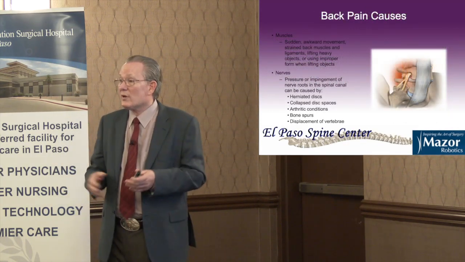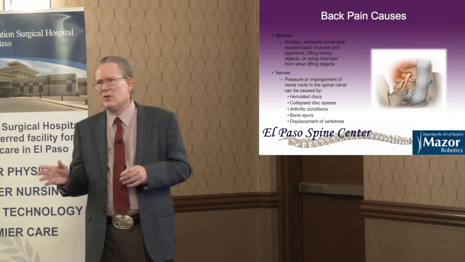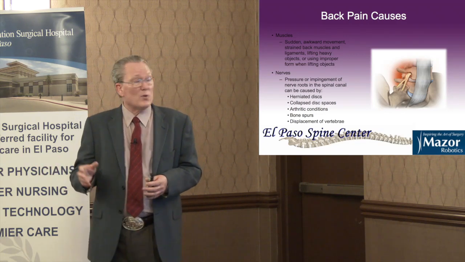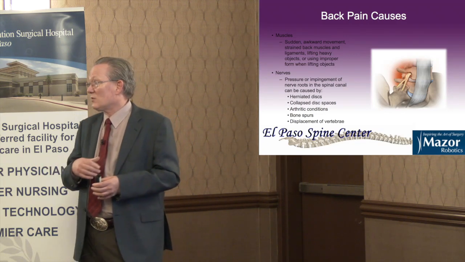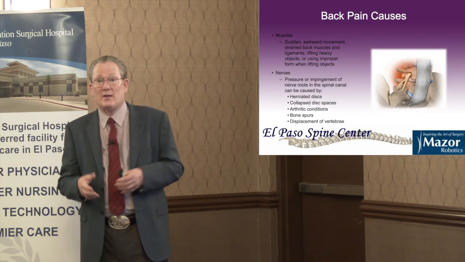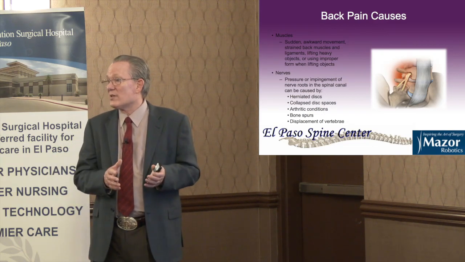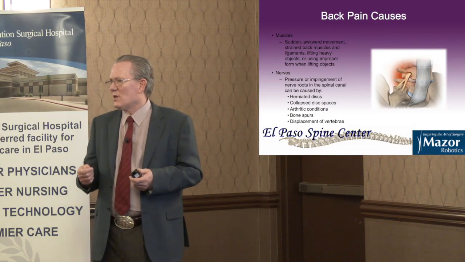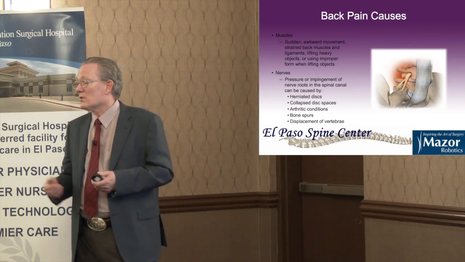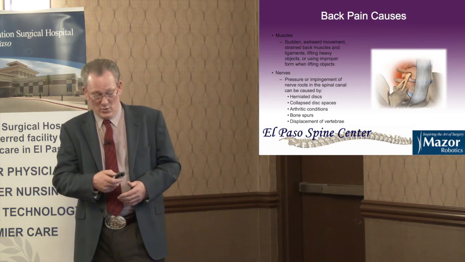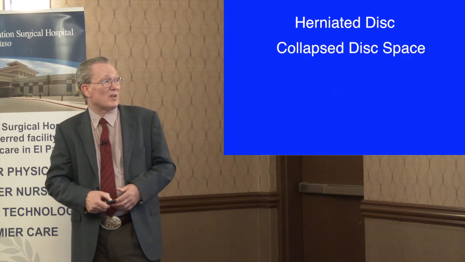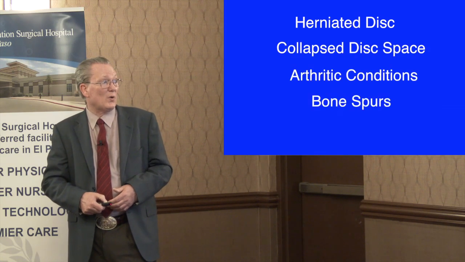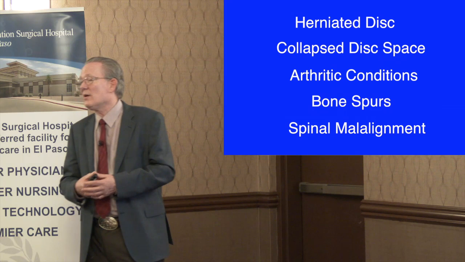When you look at the two major causes, you can divide it into two. You have soft tissue like muscles. Once again, you can sprain your back, and that's usually going to resolve with time. But there are certain conditions that involve the nerves. That's like herniated discs, collapsed discs, arthritic conditions, bone spurs, spinal malalignment.